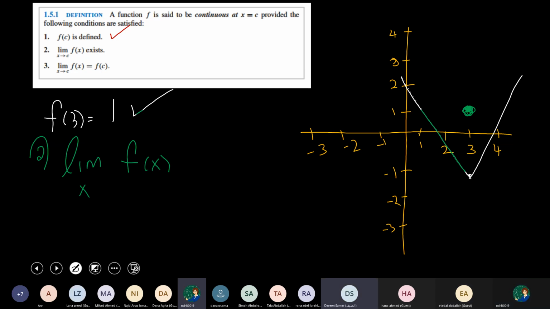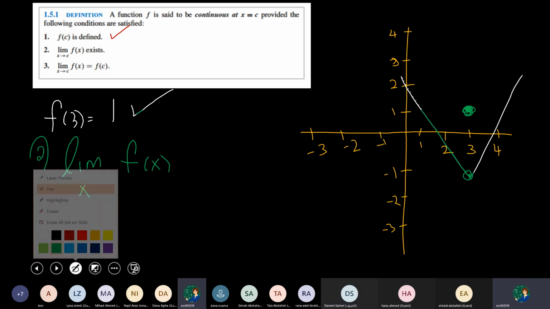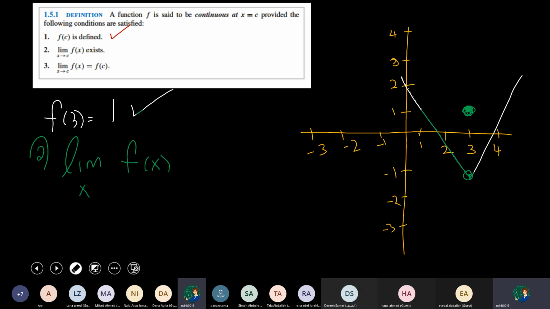The point at 1 under 3 is open? An open circle here, you mean? Yes. No, it's not open. It's closed. Oh, okay.